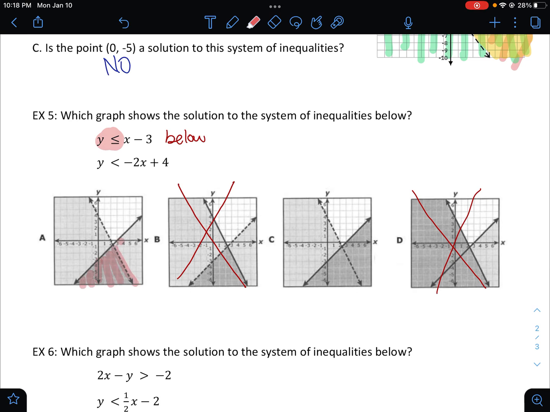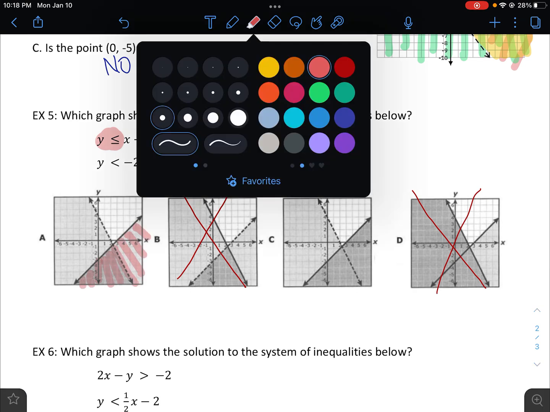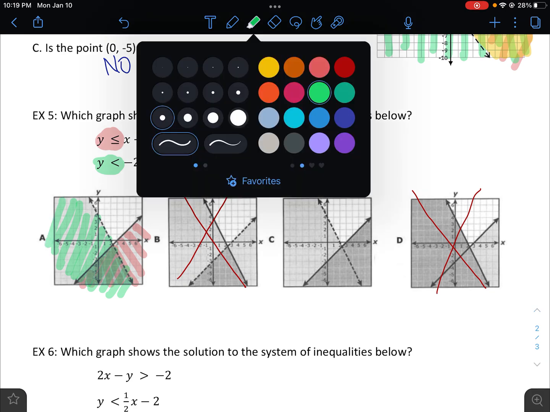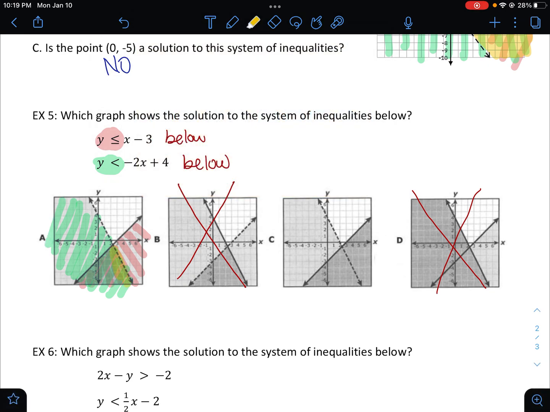So this is the area that is below. On my dotted line, I want to shade below as well. So the below area would be this region right here. And that means that we want this to be the overlapping area.